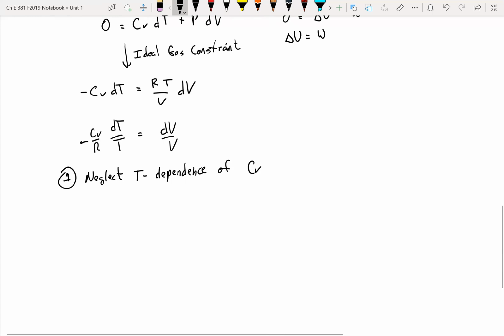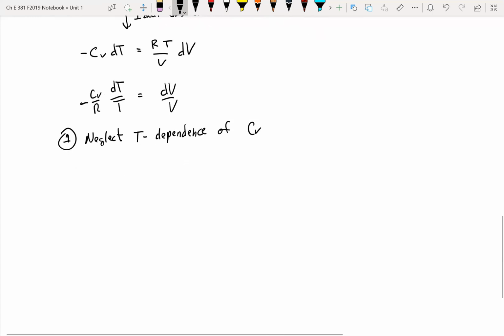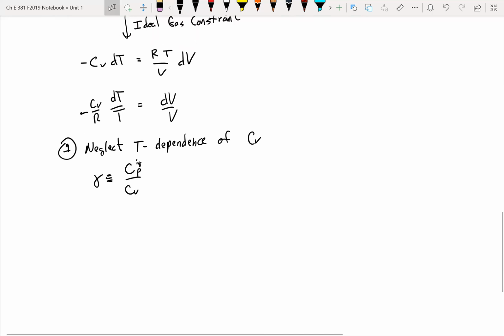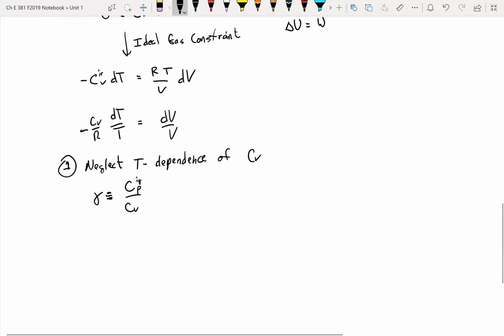But at any rate, if you neglect the temperature dependence of the heat capacity, then you're free to integrate both sides, treating the CV over R as a constant. At this point, most texts like to define a new parameter. And by the way, when I did the ideal gas constraint, those are ideal gas heat capacities. And ideal gas heat capacities are convenient because they are only functions of temperature.